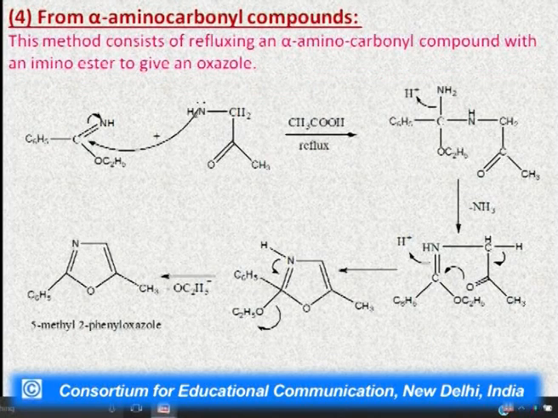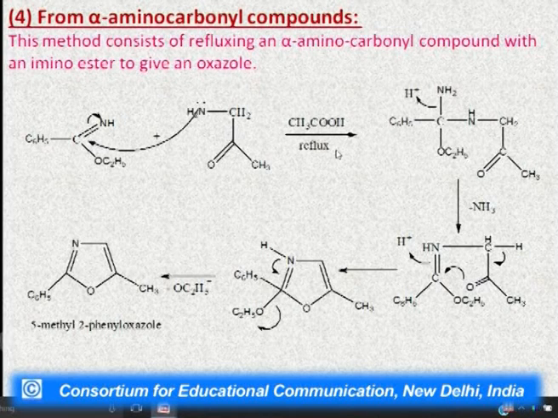These oxazoles can be prepared from alpha-amino carbonyl compounds. This method consists of refluxing an alpha-amino carbonyl compound with an amino ester to give an oxazole. This is the amino ester. It reacts with the alpha-amino carbonyl compound.